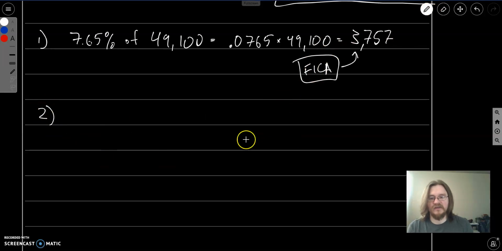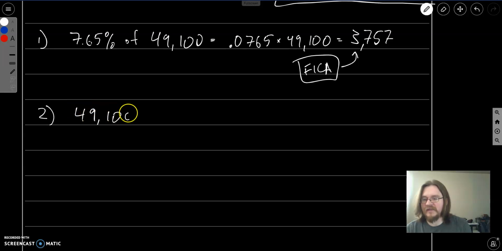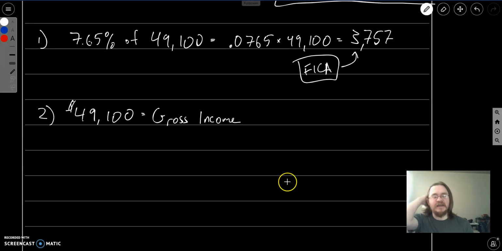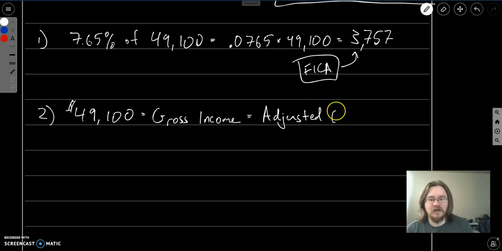If I wanted to calculate their income tax, they earned $49,100, and this was their gross income, meaning this is just what they earned over the course of the year. But they also didn't have any tax deferred retirement plans that they were paying into or anything else. So in fact, this is also their adjusted gross income.